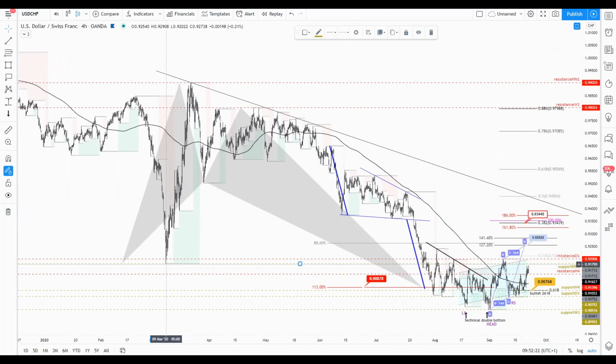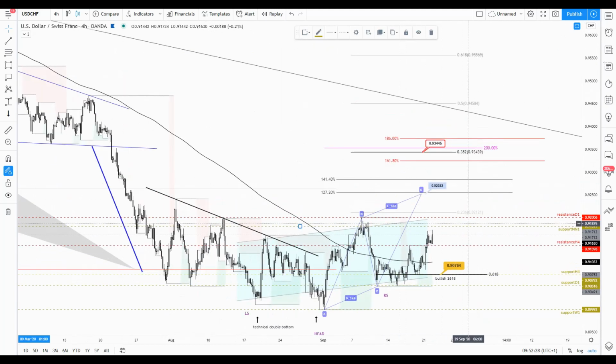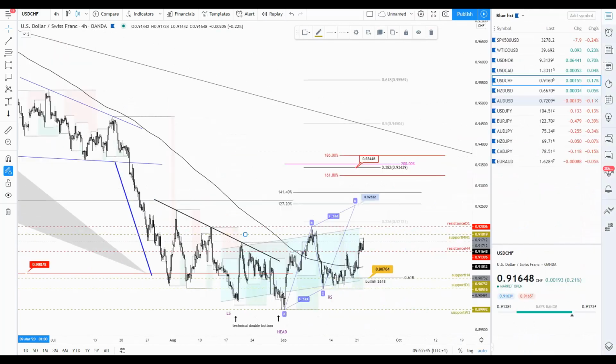Note that fractal support was printed in March, and we are now approaching that previous structure major support level, the monthly fractal support. Again, recovering that monthly fractal may print that ABCD pattern, and then a retracement is expected as soon as the price completes the pattern.